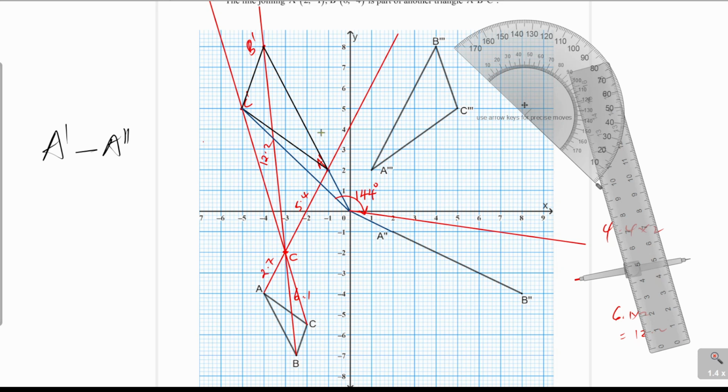Take this distance that is here, distance C prime. You can use a pair of compass to do this. Take that distance. So from C prime to the center, take that distance.